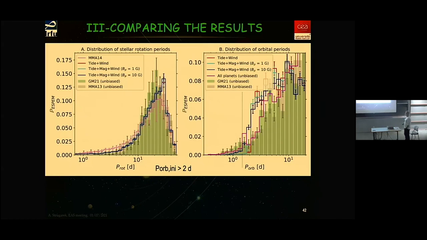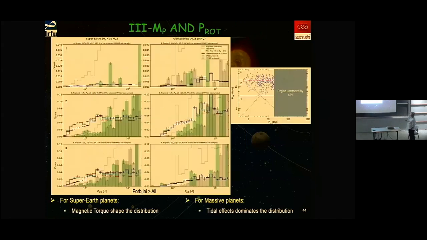Yeah, and what is interesting, but we can probably discuss it along the week, is when you divide it into small mass planets and large mass planets. You can see, for example, that for the massive planets, the torque which is dominating is the tidal one, while for the small planets it is the magnetic torque which is dominating.